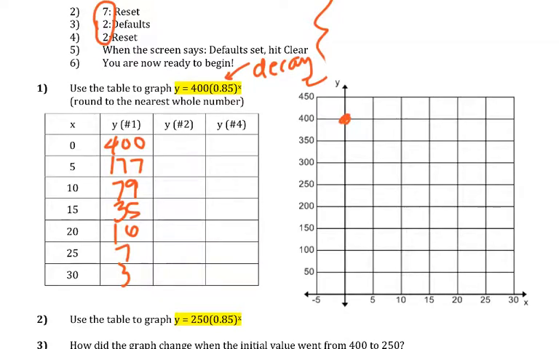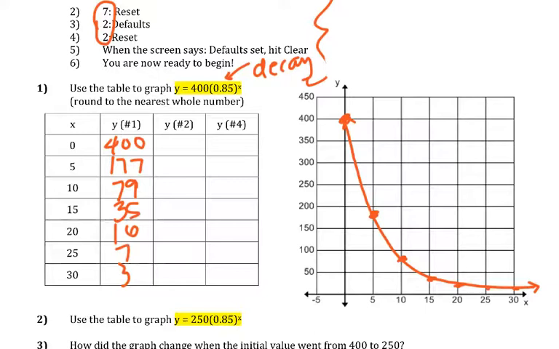We're going to go down to 177, and then down to 79, and then 35, and then 16, and 7 and 3. So you can see that it's approaching 0. It's getting small. So it drops a lot at first and just kind of evens out.